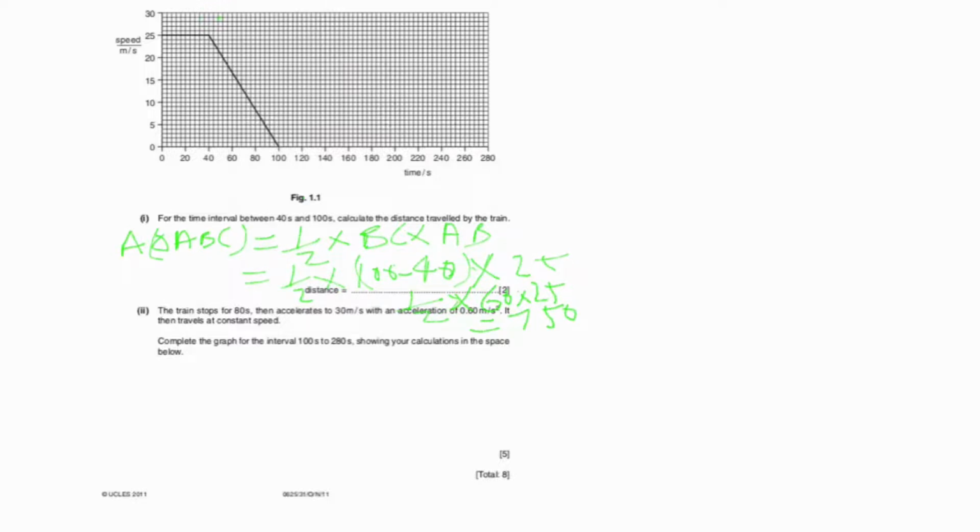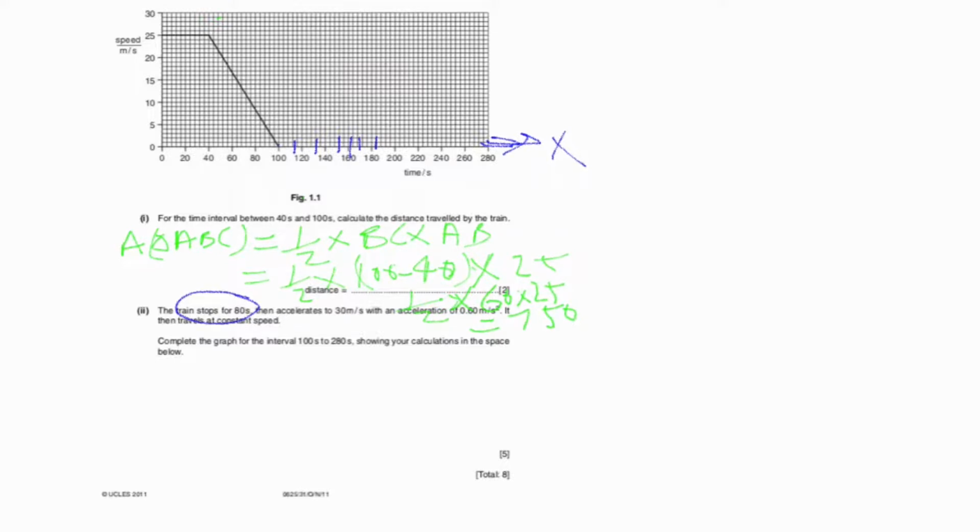So let's see here. The train stops for 80 seconds. Stops means it will coincide with the x-axis, because it is not moving. So 100, 110, 120, 130, 140, 150, 160, 170, 180.